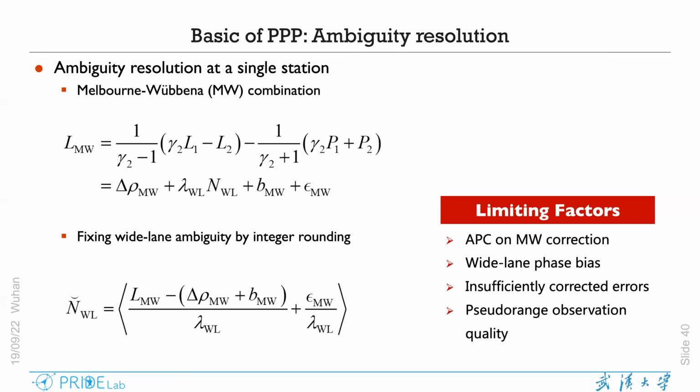Because of the pseudorange data, this combination has a lot of noise, and we have to use a long period of data, such as 10 minutes or even 20 minutes, before we can reliably identify the integer cycles within this combination, that means the wide-lane ambiguities. And we also have to think about the antenna phase center corrections on this combination and the wide-lane phase biases, which are provided by the International GNSS Service.